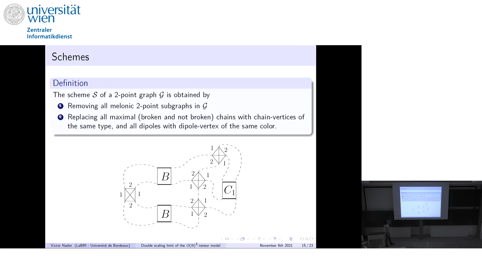So how do I do that? Well, first I remove all the melonic 2-point subgraphs, and then I replace all the chains I have in my graph by this box vertex. And that gives me the chain of a graph. I can study chains by, for example, looking at what happens when I remove a chain.